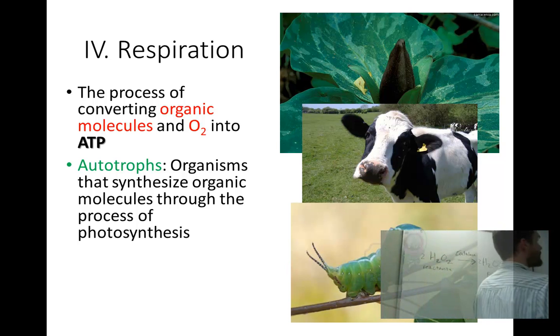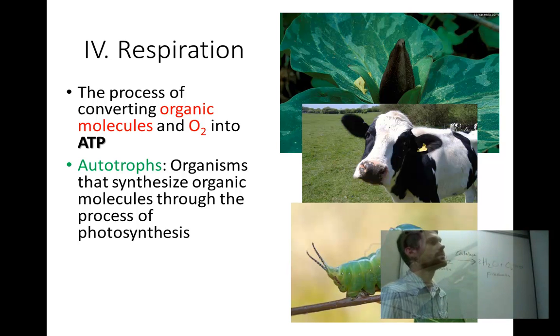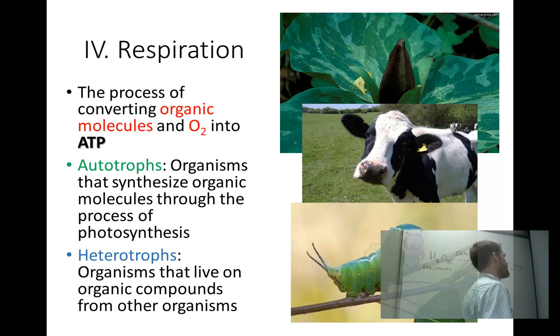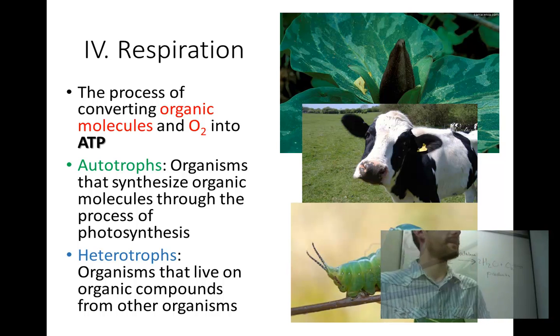Autotrophs are organisms that can photosynthesize, can take energy from sunlight, and with carbon dioxide convert it into organic compounds. Heterotrophs are organisms that can't photosynthesize and can only receive energy by eating plants or other animals or other organisms.